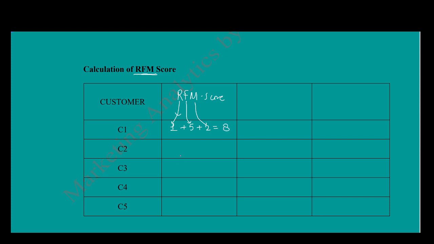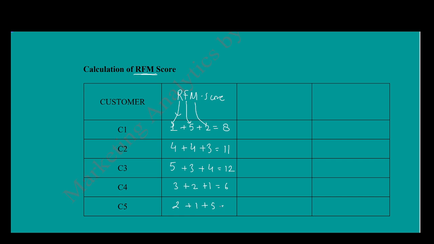Similarly, we'll do it for C2, C3, 4, and 5, and I have already done it. So I'm just writing here 4 plus 3, and then 5 plus 3 plus 4 is equal to 12, and then 3 plus 2 plus 1, and finally 2 plus 1 plus 5.